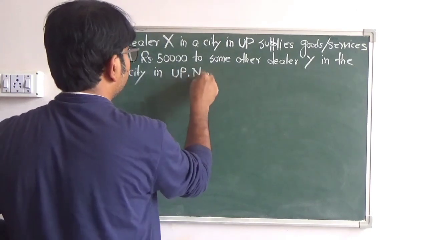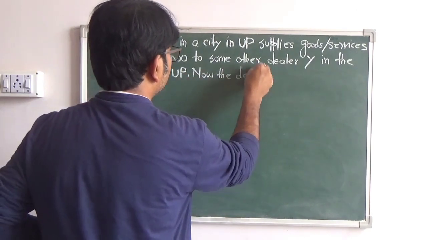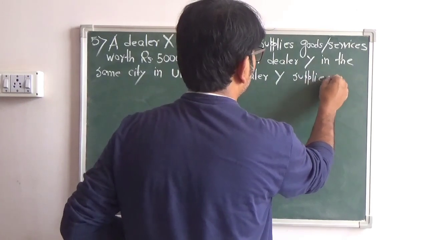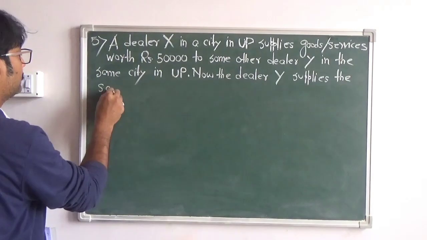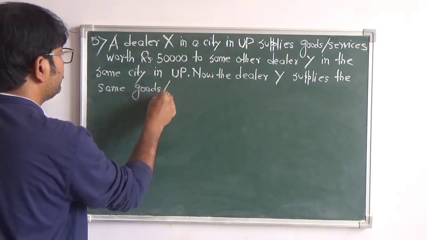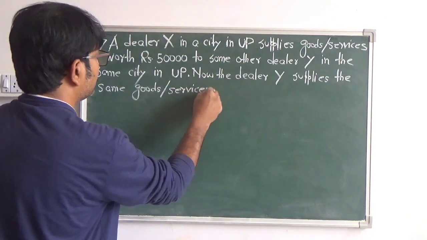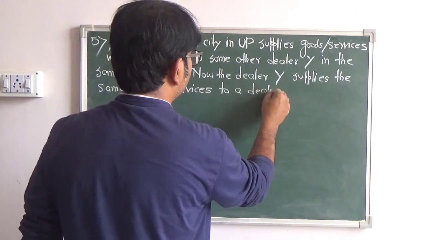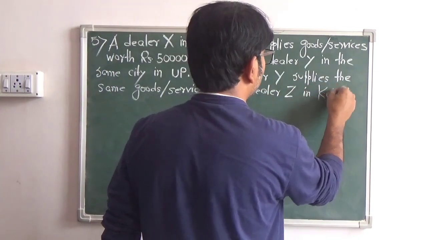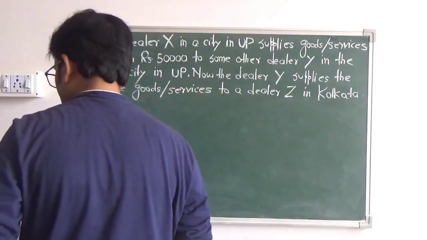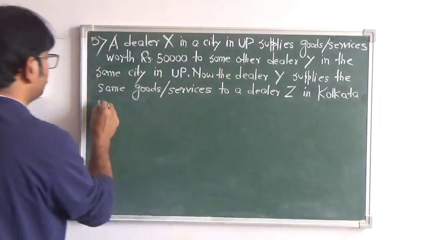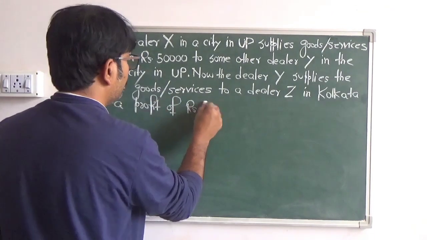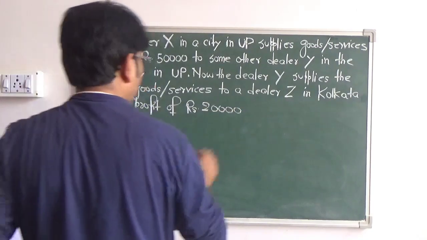Now the dealer Y supplies the same goods and services to a dealer Z in Kolkata at a profit of rupees 20,000.